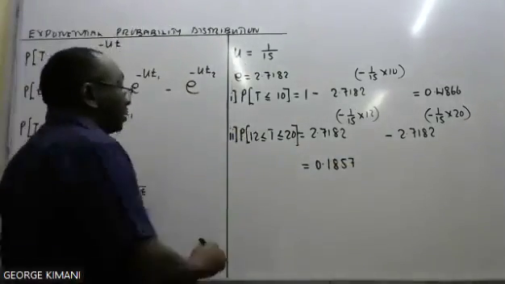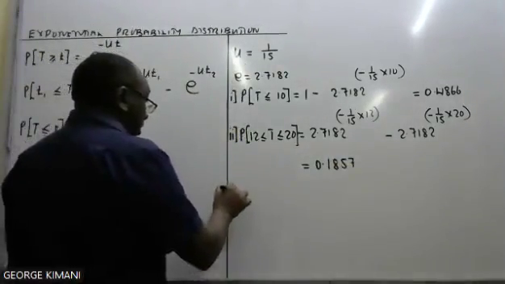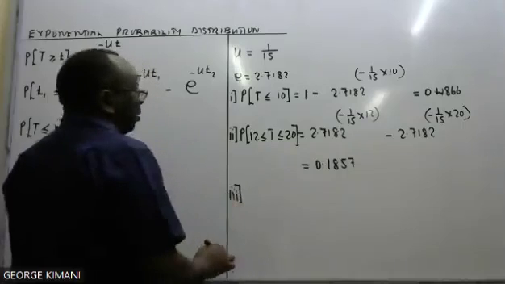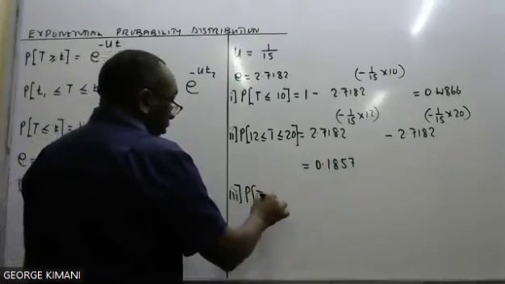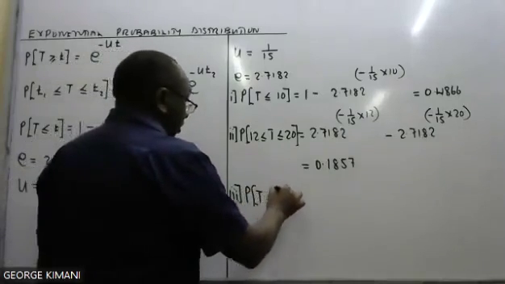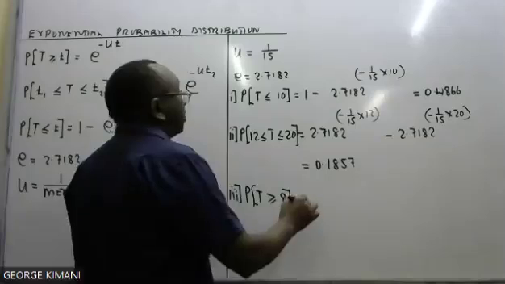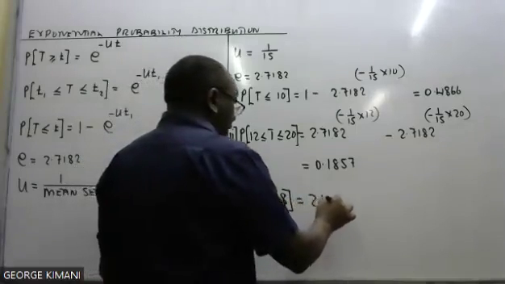The next requirement is the probability that we are more than what? 8. So greater than or equal to 8. This one is very direct. It is 2.7182.